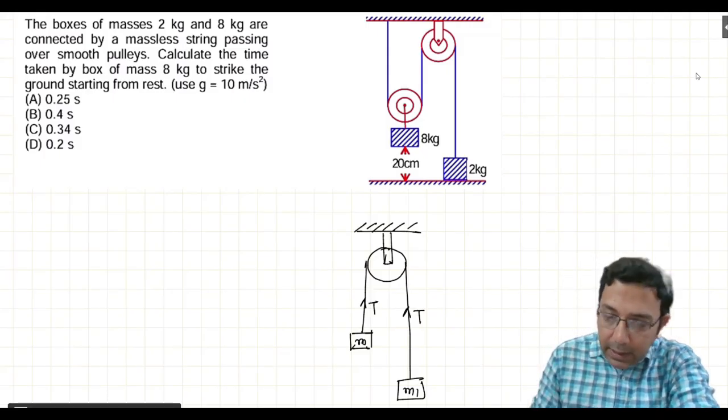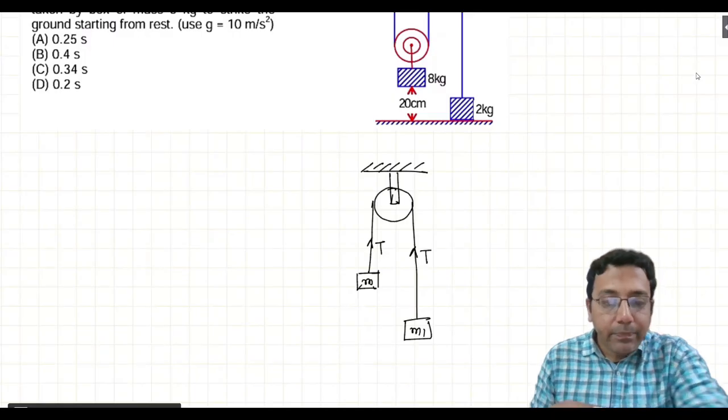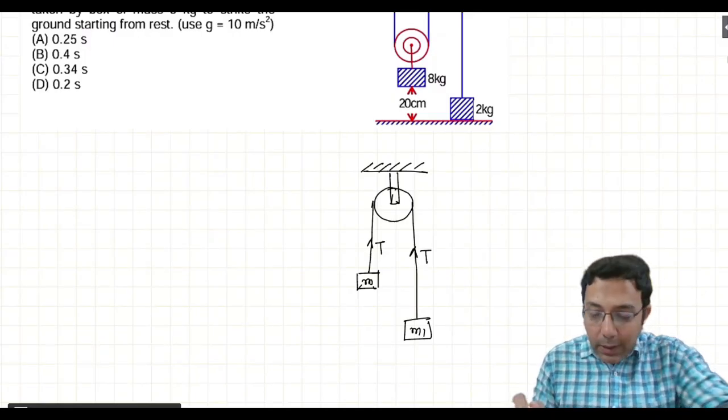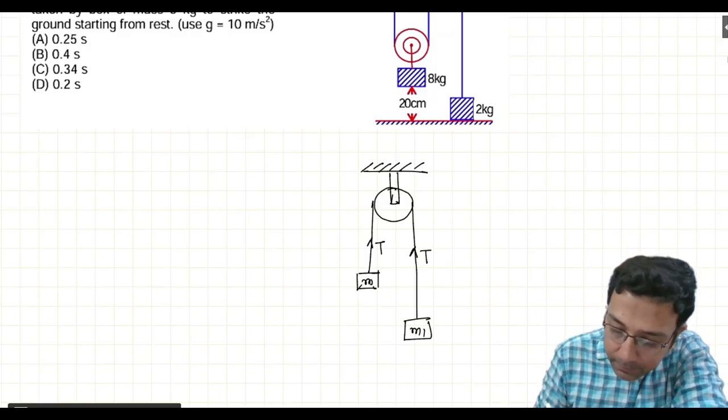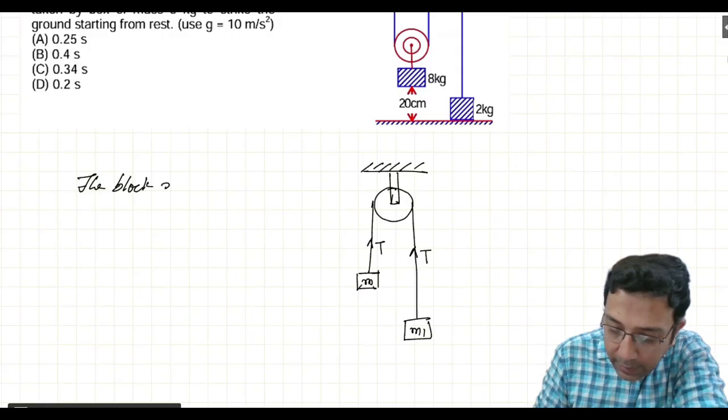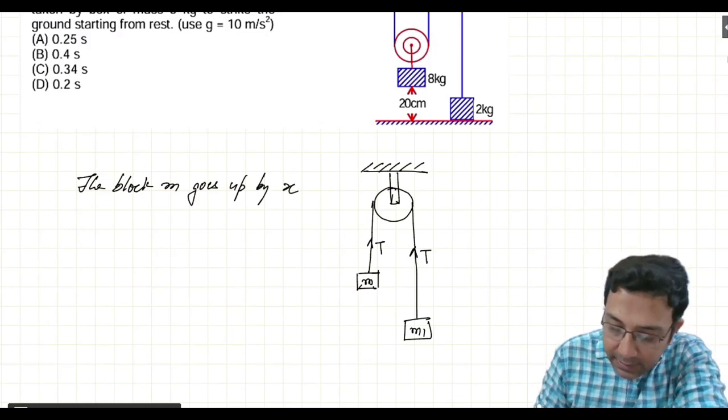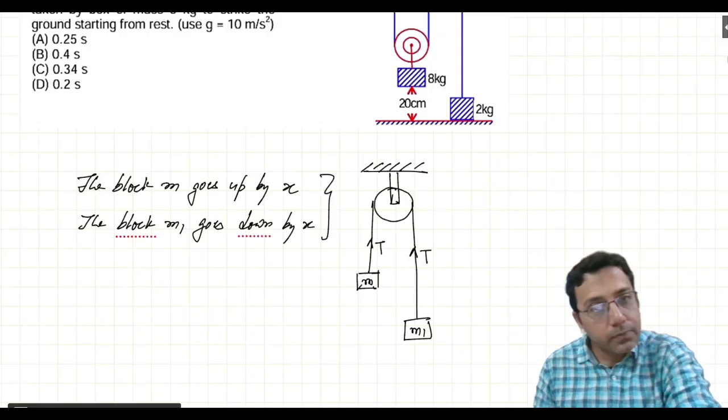Here we can say that one block is going up, one is going down. If the block M goes up by distance x, then the block M1 goes down by x also.